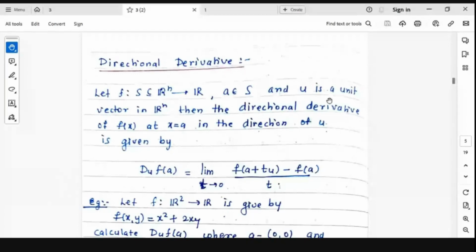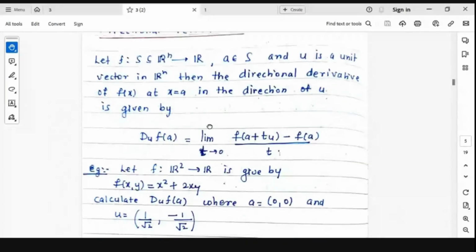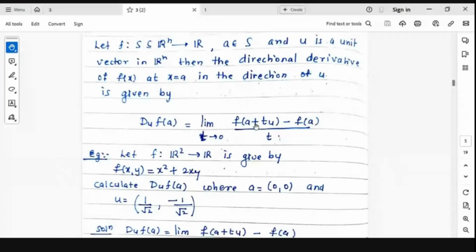Then the directional derivative of f at a in the direction of u is denoted by D_u f(a), and it is nothing but the limit as t approaches 0 of f(a + tu) minus f(a), divided by t.